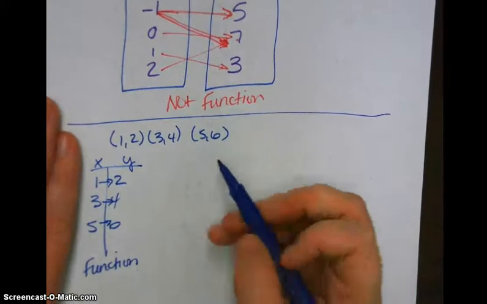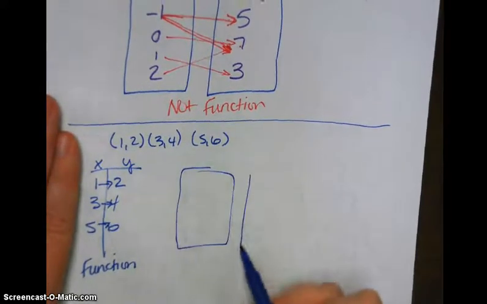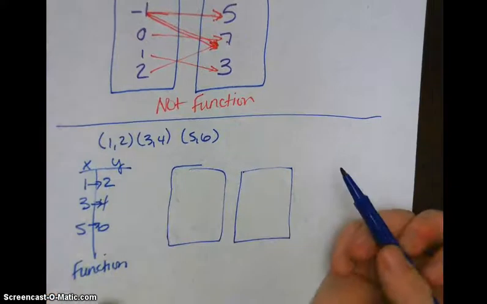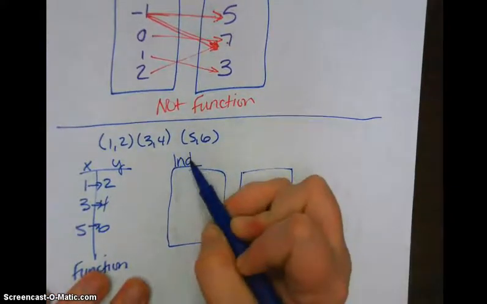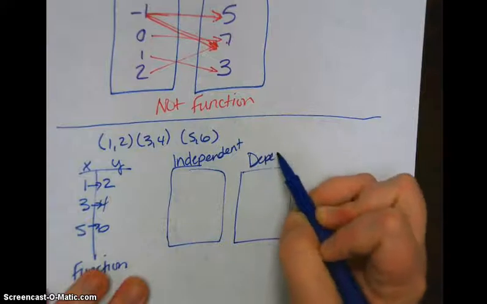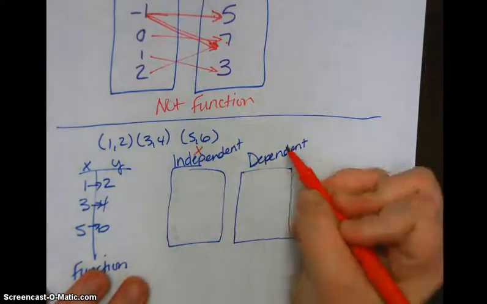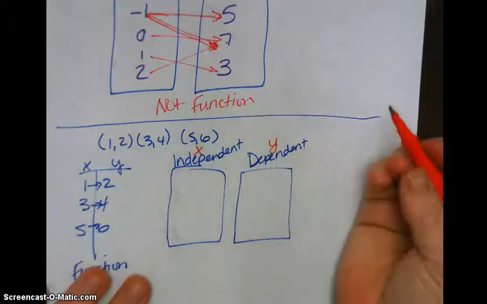If I look over here and I make a mapping, I'm going to use big words again, independent variable and dependent variable, which we know that independent is really x and dependent is really y.